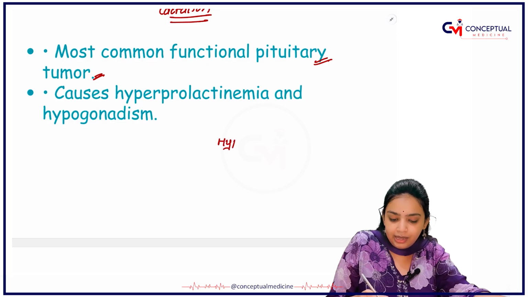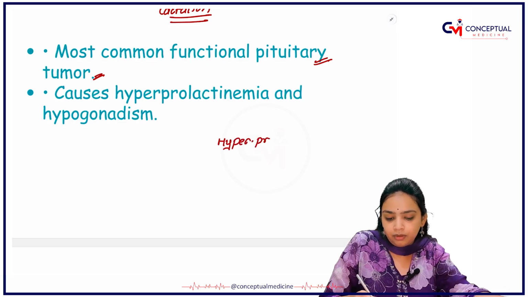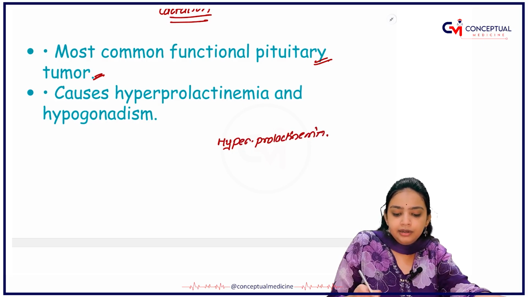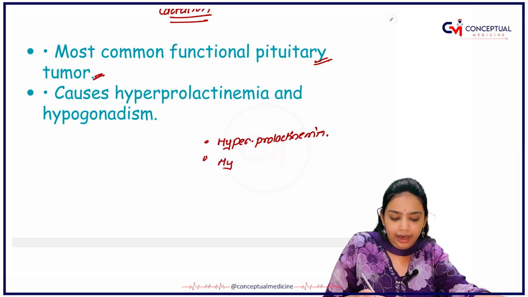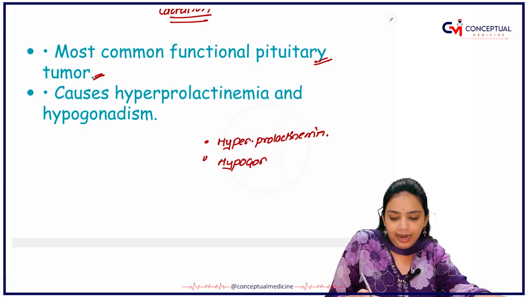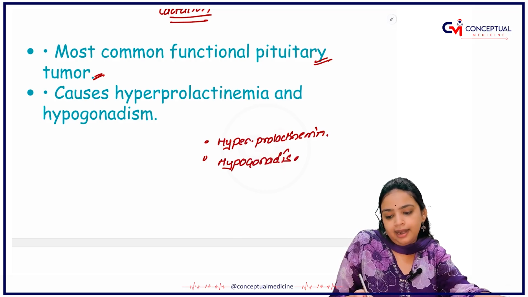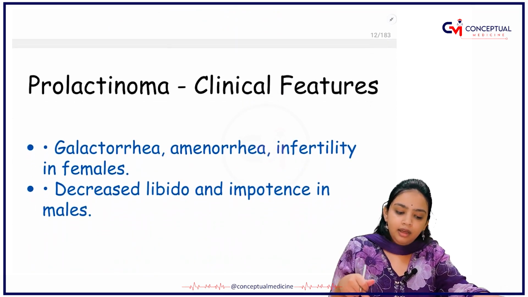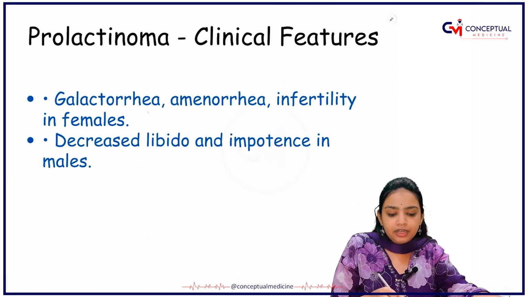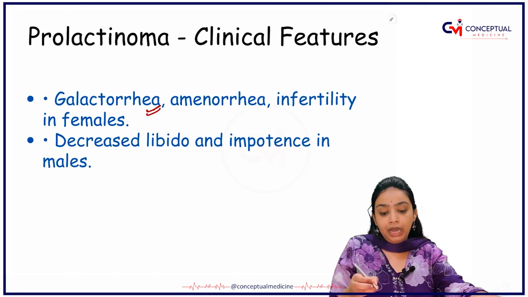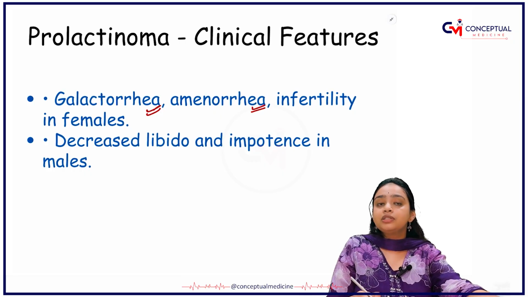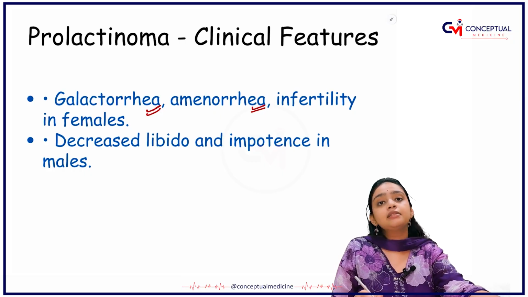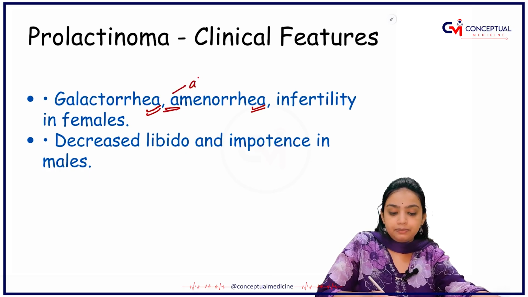What are the causes? The causes can be hyperprolactinemia, and the second thing, hypogonadism. These two things can occur. What are the clinical features? First, there will be galactorrhea, amenorrhea. What is amenorrhea? A means absence.